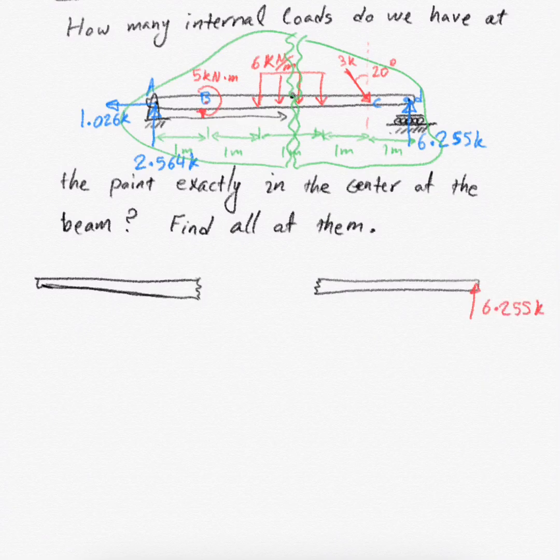Now you have 6.255K going this way. Again, in the exam, if you get two significant digits or 3 or 4, I don't really care. I'm not picky about numbers, as you have already seen. You need to do the right procedures, right signs, right equations, right steps. The calculator can do the numbers for you.